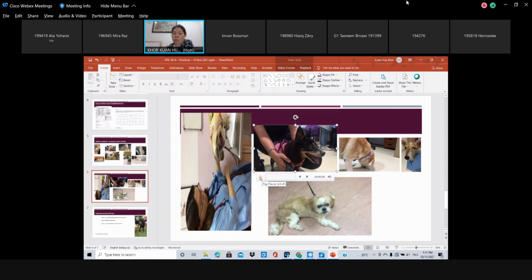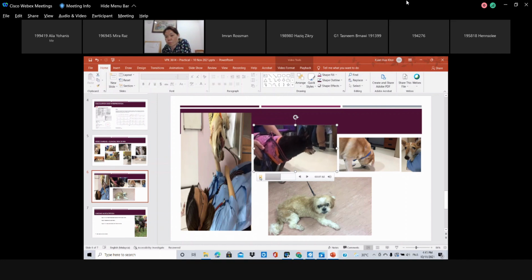For example, this dog. These are not cough. This dog has got a tracheal collapse. This is what we call reverse sneezing.